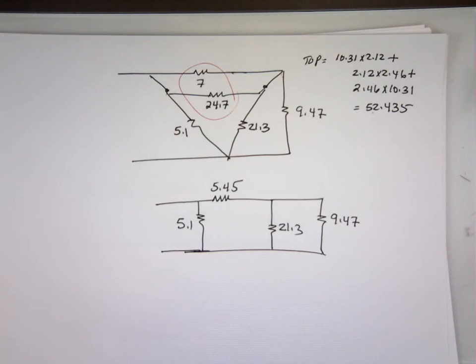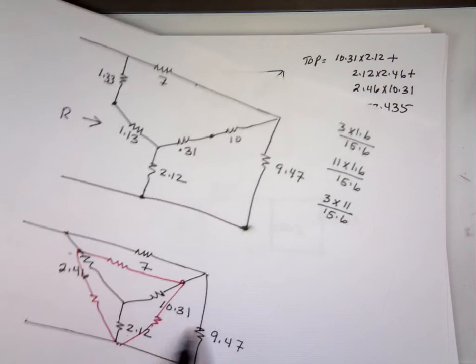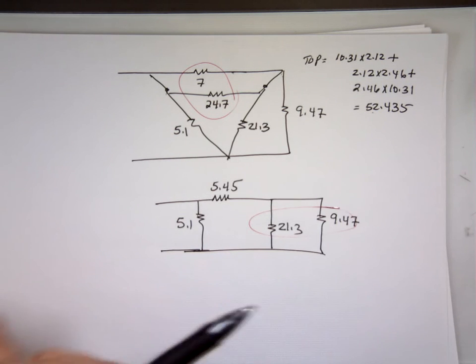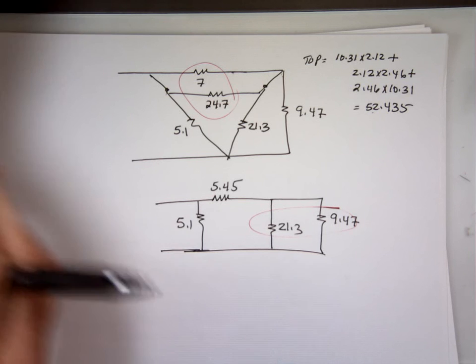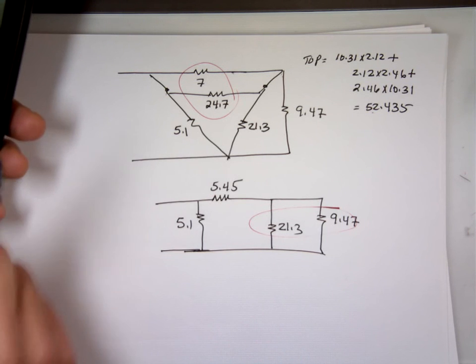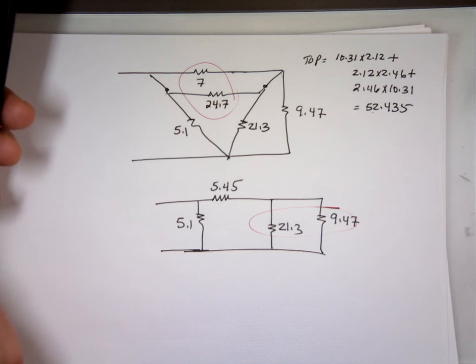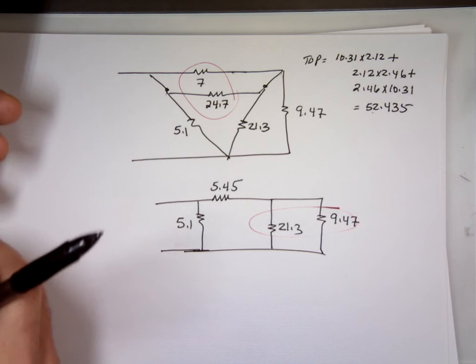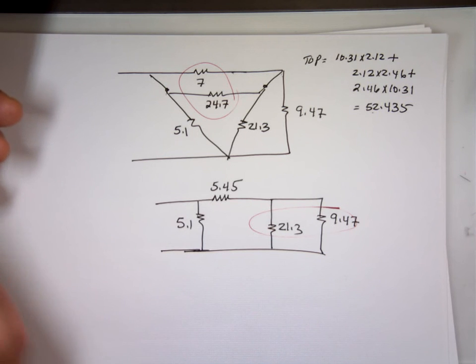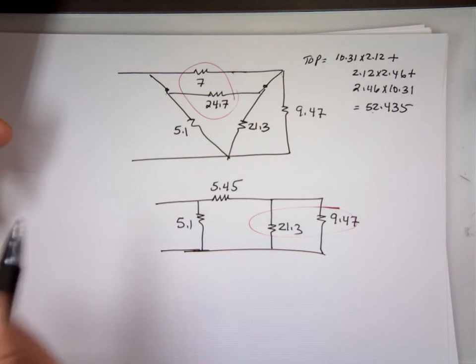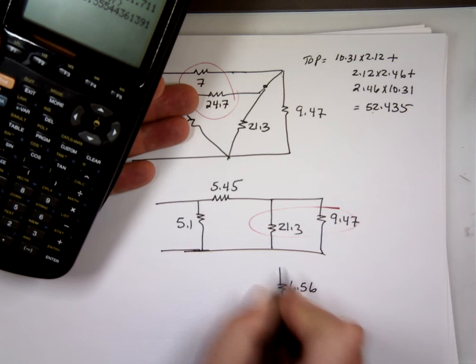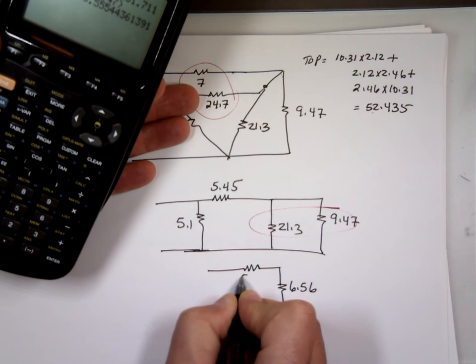Now we're making progress. These two, you can see they're in parallel. Product over the sum. 9.47 times 21.3 divided by the sum of them. 6.56. 5.45.